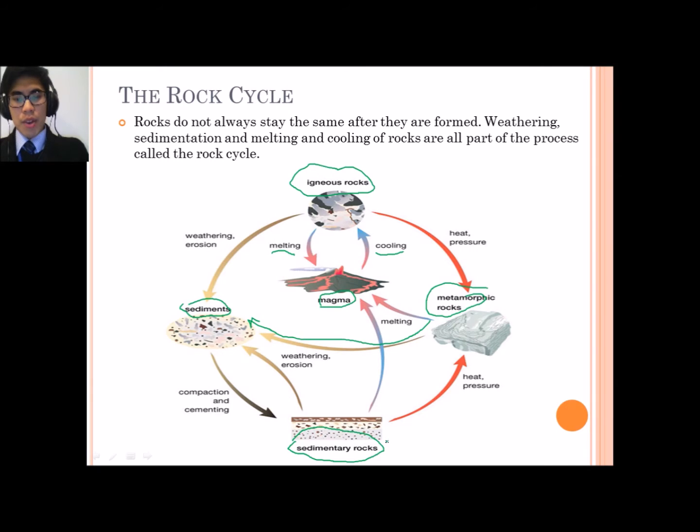And if sedimentary rocks undergo heat and pressure, or if igneous rocks undergo heat and pressure, they both become metamorphic rocks. So I hope you can see this picture here and fill out the notes for yourself. You will be expected to know the rock cycle and label something like this. So have a good look at it and see if you can get your head around it.